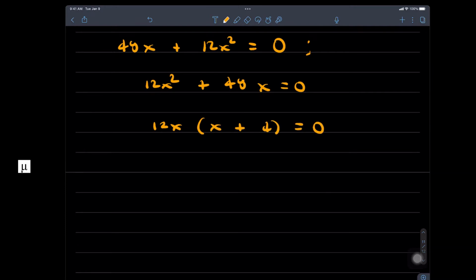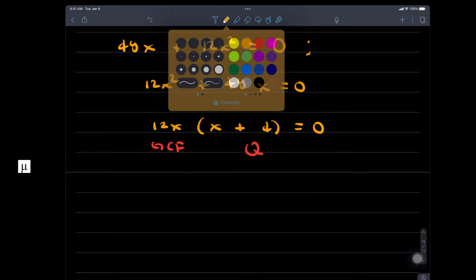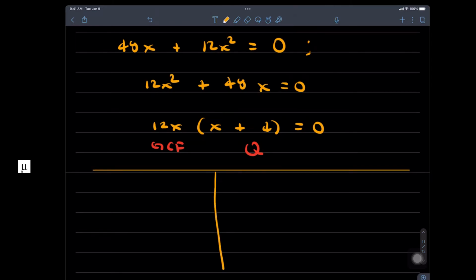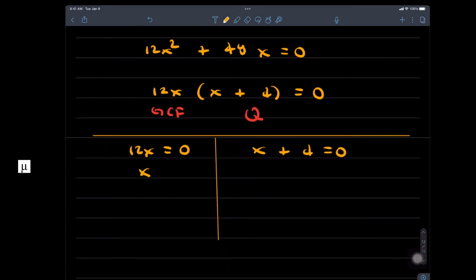So this is going to be the GCF, and this is your quotient. So 12x is 0, and x plus 4 is 0. Divide both sides by 12. What do you get? x is 0. Subtract 4. What do you get? x is negative 4.